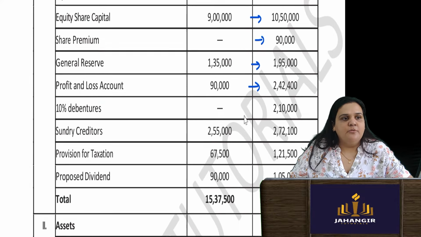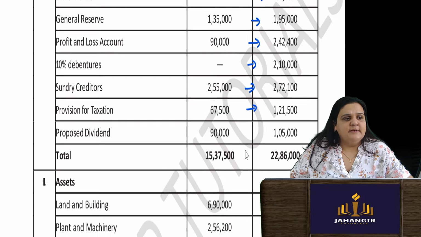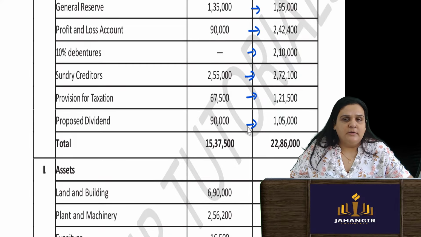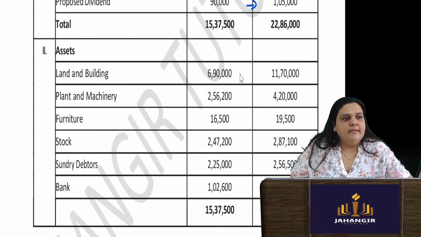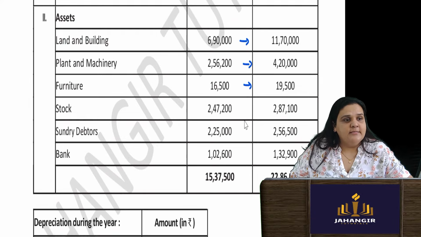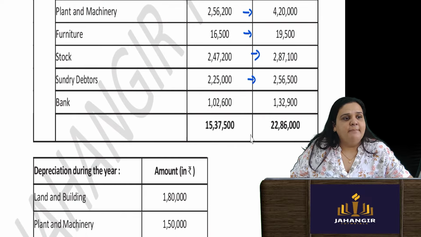P&L from 90,000 to 2 lakh 42,400. Debentures were not there, now they have come. Sundry creditors have increased. Provision for tax has increased. Proposed dividend has also increased. On the asset side, land and building, plant and machinery, furniture have increased. Stock has increased. Sundry debtors increased. Bank balance has increased. Everything.